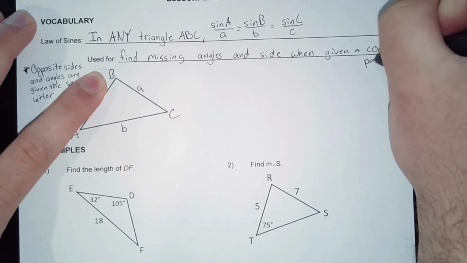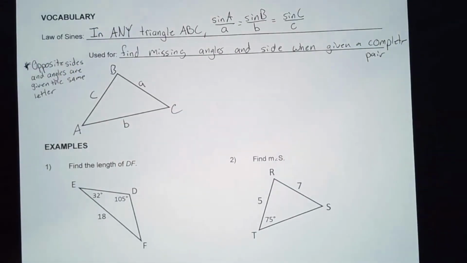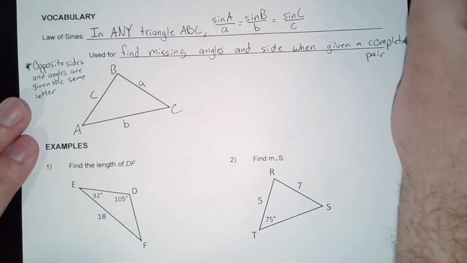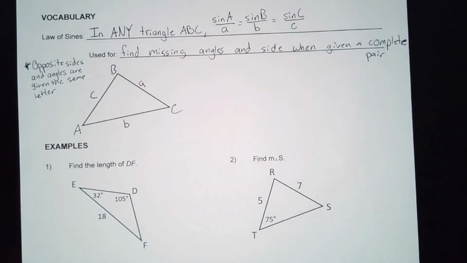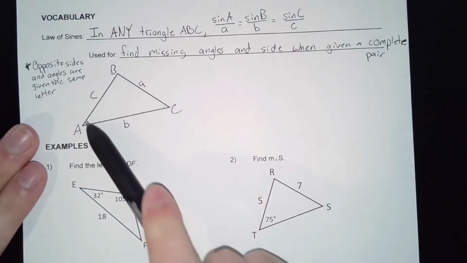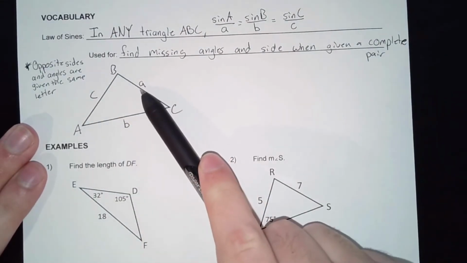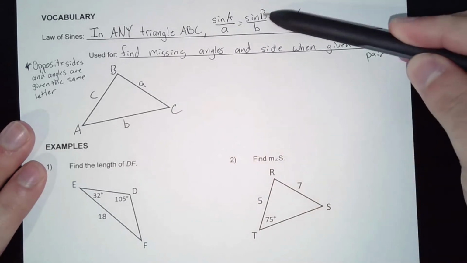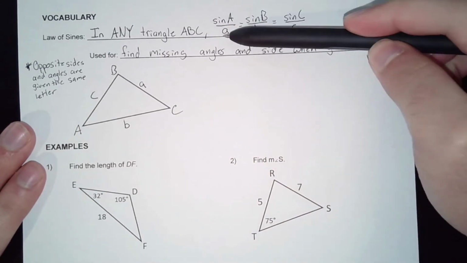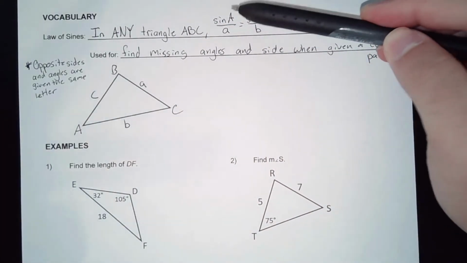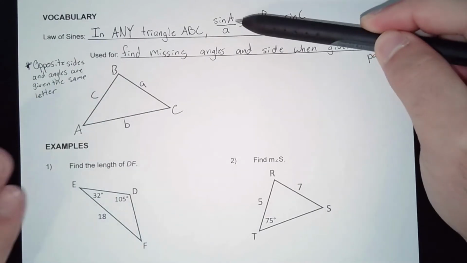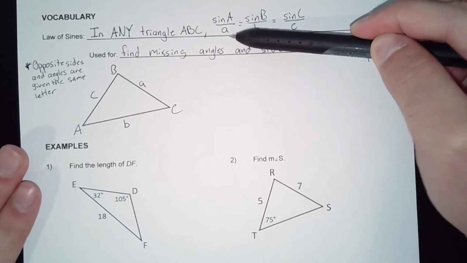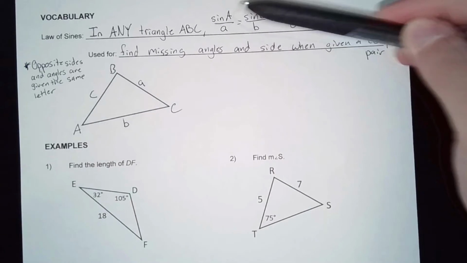Okay, and what we mean by a complete pair is the fact that we know both an angle and the side across from it. So in order to make this work, I have to have an angle and know the side length that's directly across from it. That's going to make my complete fraction. The other one, I'm going to need to know the other half of what I'm trying to find. So if I'm trying to find the angle, I need the side that's across from it. If I'm trying to find the side, I need to find the angle that's across from it.